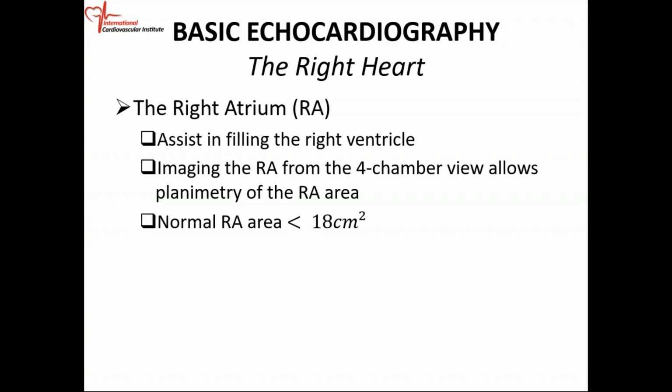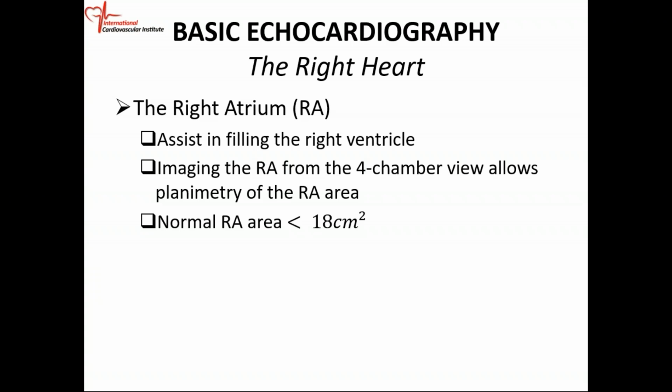If you want to look at the right atrium, then the apical four-chamber view allows you to see the right atrium clearly. You can also see the right atrium in the subcostal view. It's very important for you to do planimetry of the right atrium to get the area.